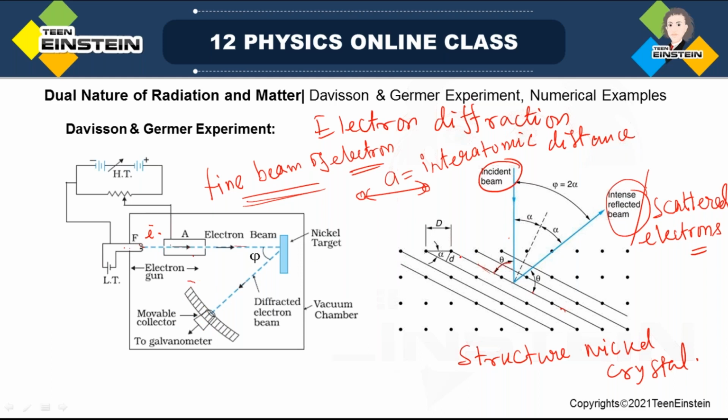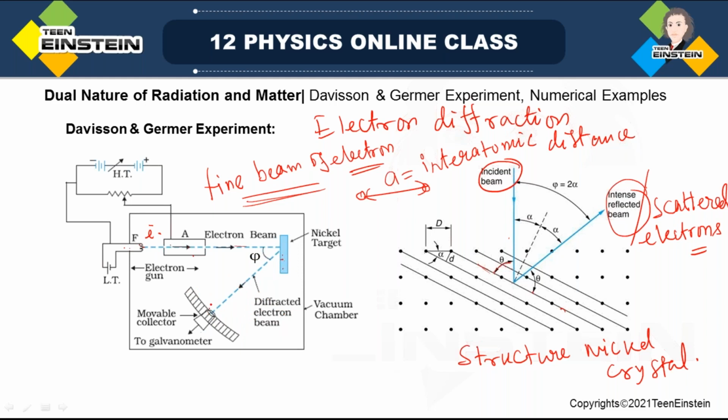It is movable because if you rotate your crystal, the electron beam sometimes scatters at this angle, sometimes at that angle. With respect to the incident ray it can scatter at different angles, so you have to collect electrons scattered in different directions.